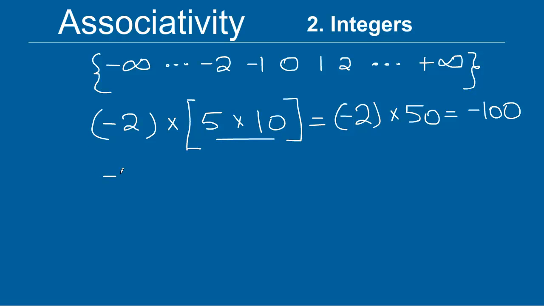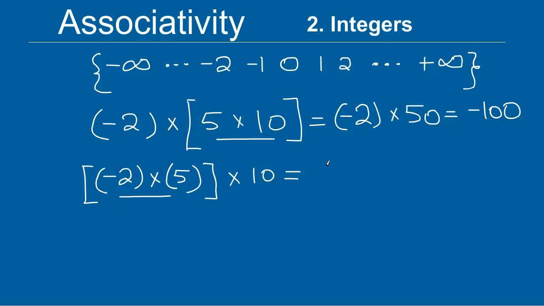Now let's do this operation where we have -2 times 5. We will carry out this first, and then we'll multiply this with 10. Right? Let's find out this value. So -2 times 5 is -10. This will give us -10 times, here we have 10.